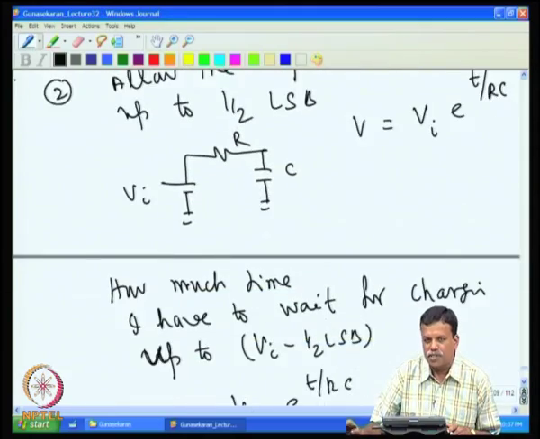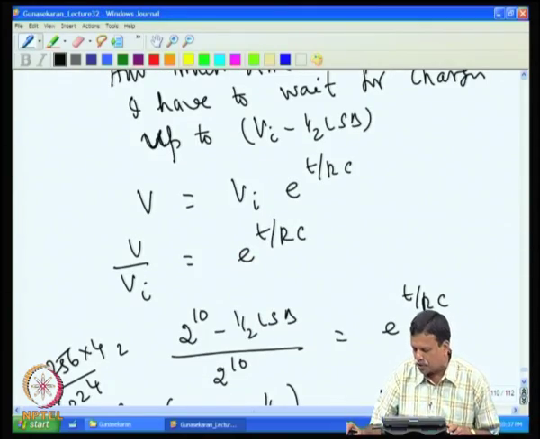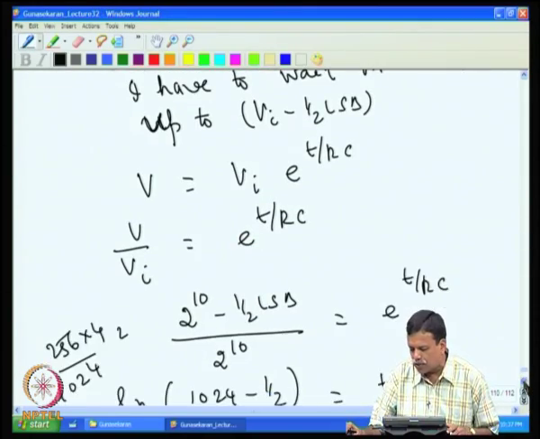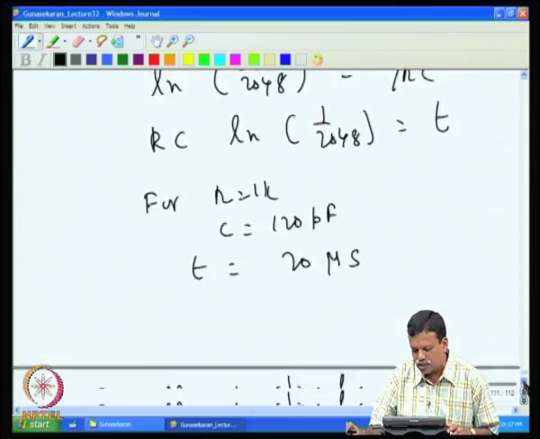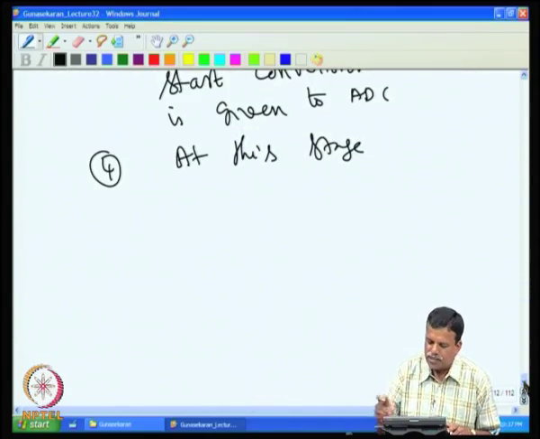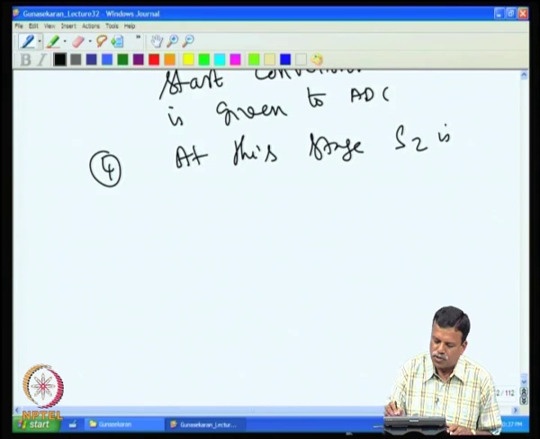So, now the capacitor is completely disconnected from the input, and then the conversion starts.